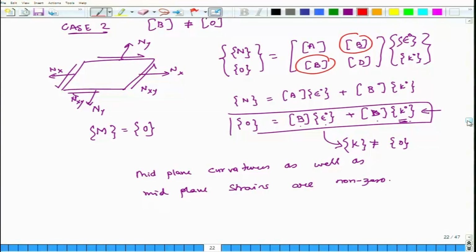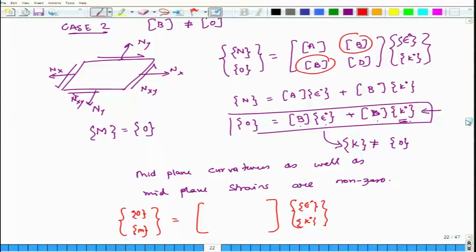Similarly, we can have another situation where we have no force resultants, but only moment resultants, and in this case also we will find that both mid-plane curvatures and mid-plane strains will exist.